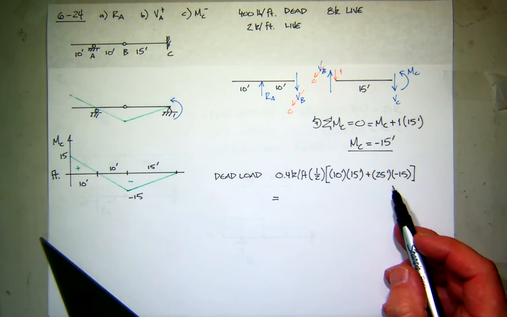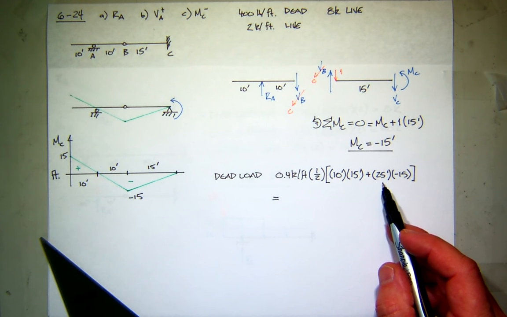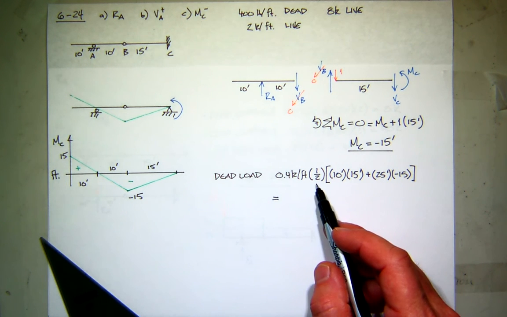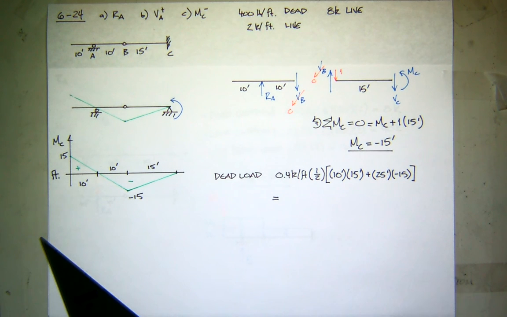So what's that? 15 times 15 is what? 225. Half of that is 112.5 times 0.4. I don't know. You guys have to tell me what it is. That's not one I can do my numeral magic in my head.